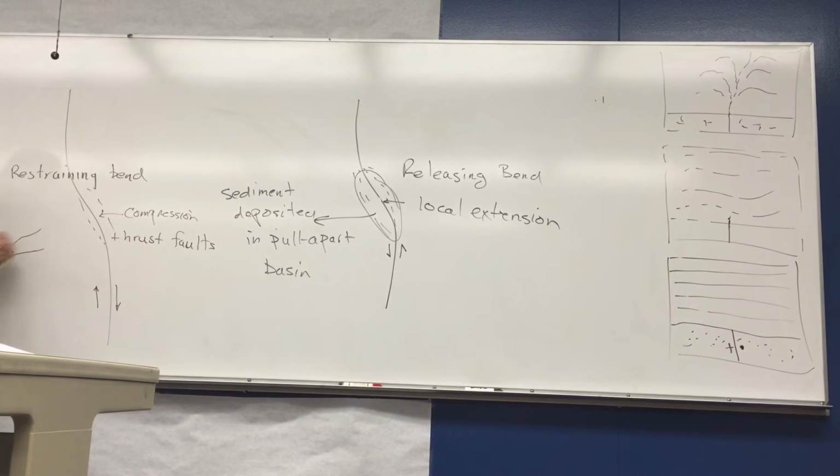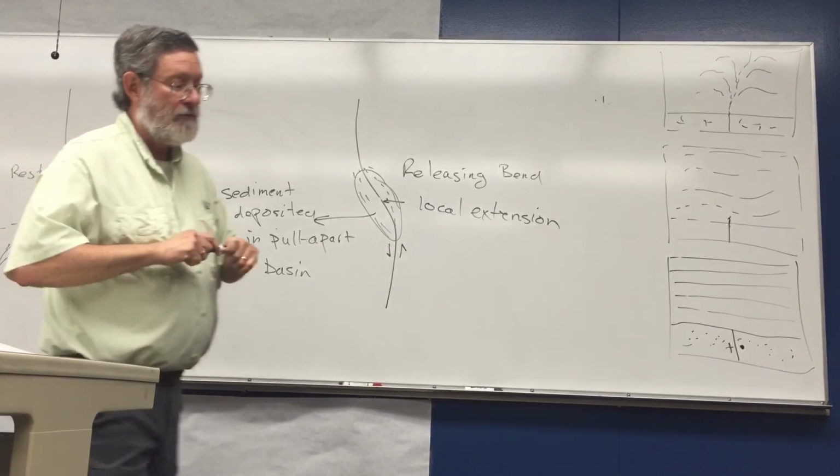And these would tend to propagate up toward the surface, but they would be concentrated locally. So that we would make basically a pile here, an uplift with thrust faults and compression within the strike slip fault system. This would tend to localize quite a bit of earthquake activity.